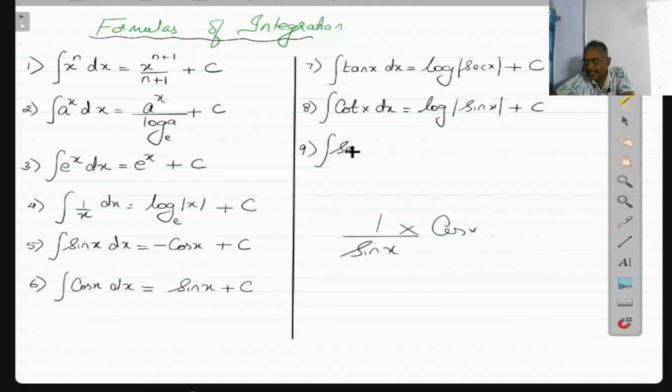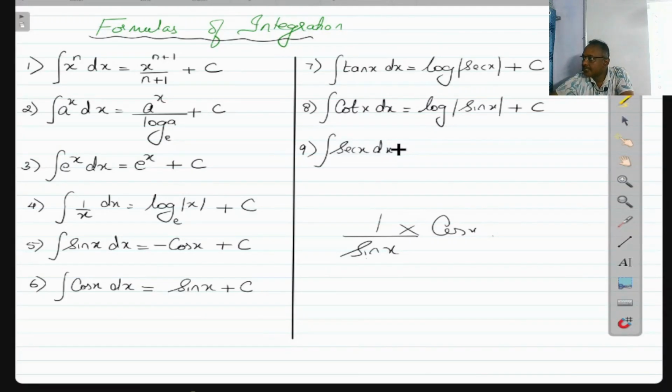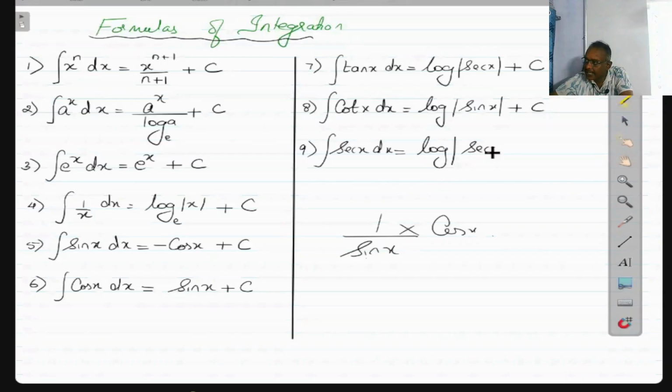Why is the integral of sec x log of sec x plus tan x?